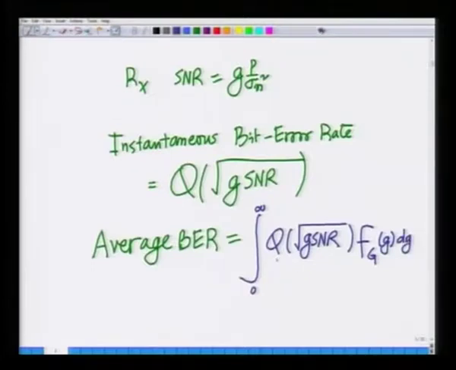I am taking Q of square root of G SNR, which is the instantaneous SNR, and I am averaging it over the distribution of G, which is essentially a chi-squared distribution with 2L degrees of freedom. All right. So, this is the distribution of the gain G.